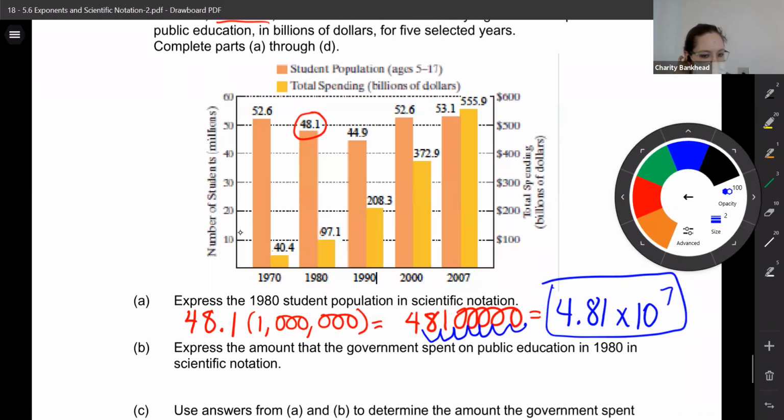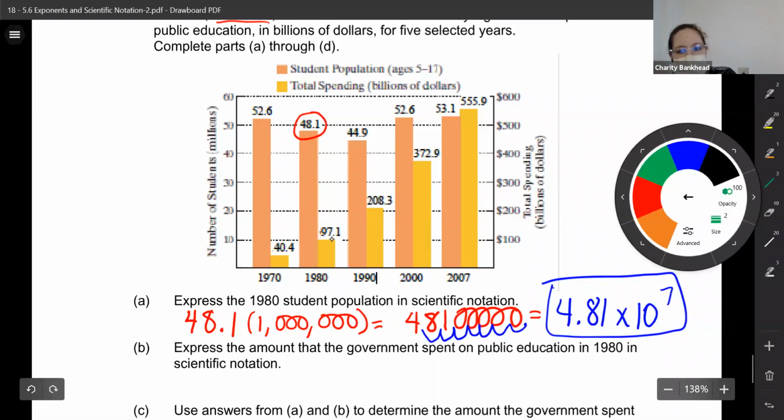All right. Express the amount that the government spent on public education in 1980 in scientific notation. All right, let's see. So that was 97, is that, I guess, 97.1? Okay, yeah. And that's in billions of dollars.